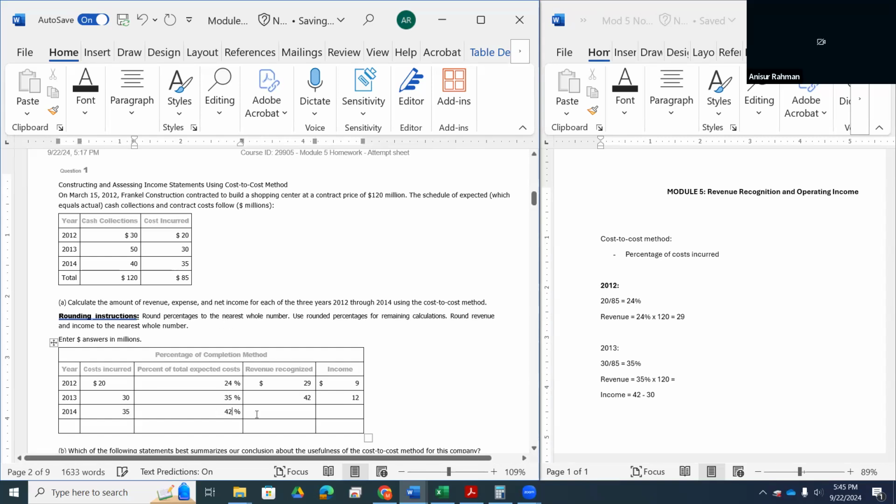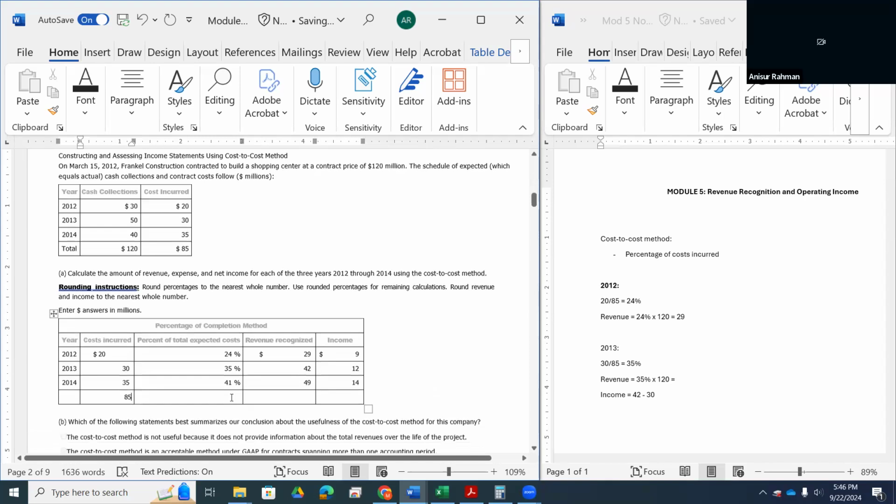Following the same process, you will get for 2014, the cost is 35, percentage 41, revenue will be 49, and your income will be 14. So if you add all of them up, the total cost will be 85, percentage, of course, 100%, and revenue recognized, you used the total 120 million.